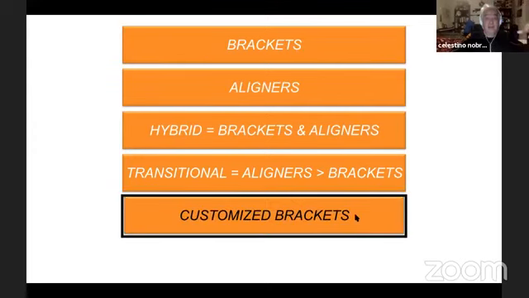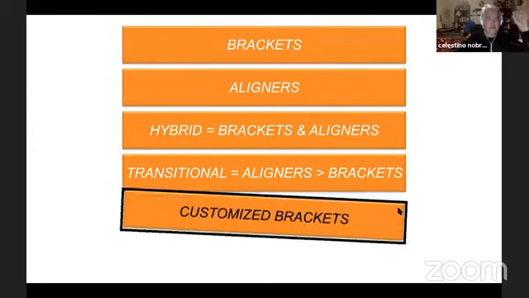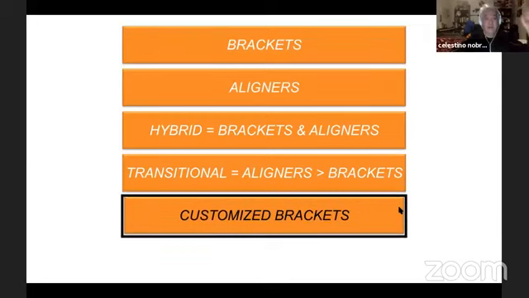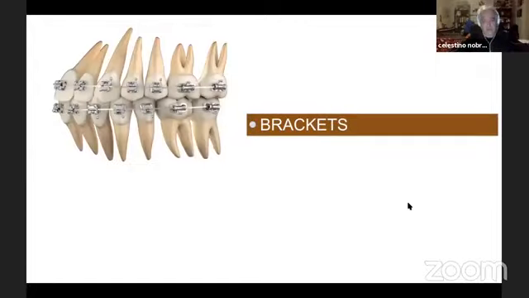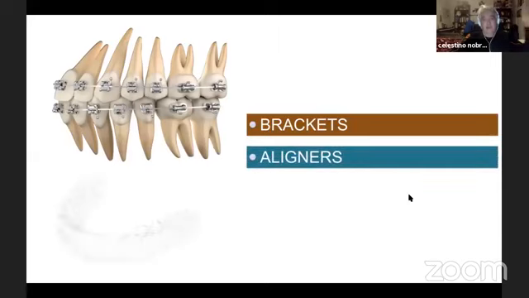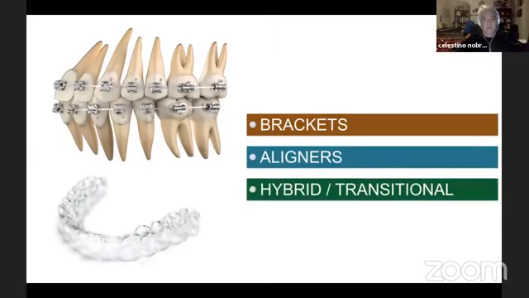But now we have customized brackets, fully customized, 100% tailored for the patient. So from now on, we can have Dr. Ari's prescription for patient Friedhaus, for instance, customized 100%. But let me start with one case. Here we have, again, brackets, aligners, hybrid, transitional. What's the best choice for the patient?